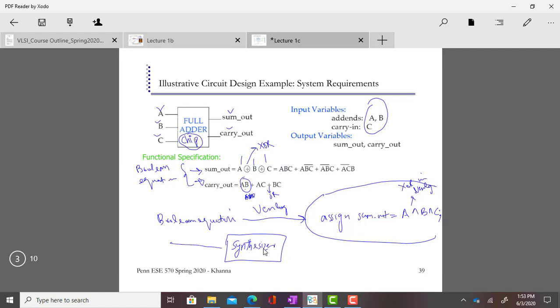The input is Verilog. The output is logic gates. So DLD-like gates.